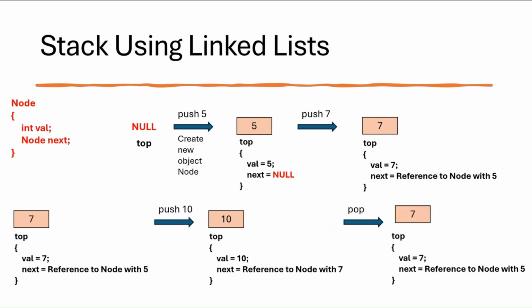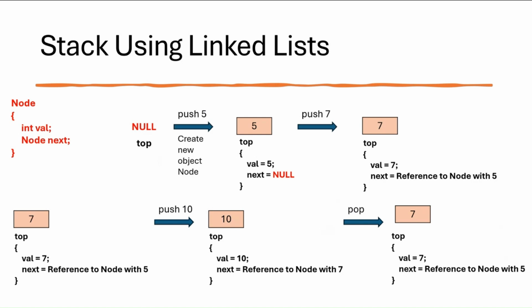And when we pop, then the top goes to the next value of 10, which is the reference to the node 7, right? Now the top contains the reference of the node 7, and the next of that is the reference to the node 5, right? Now if we remove the 7 also, then the top will come back to the next of 7, which is the reference to the node 5, right? And the next will become null, right?